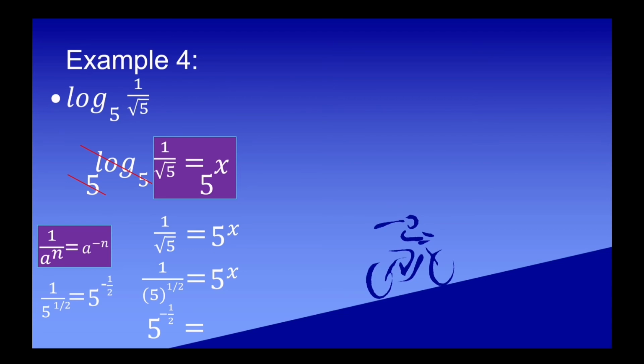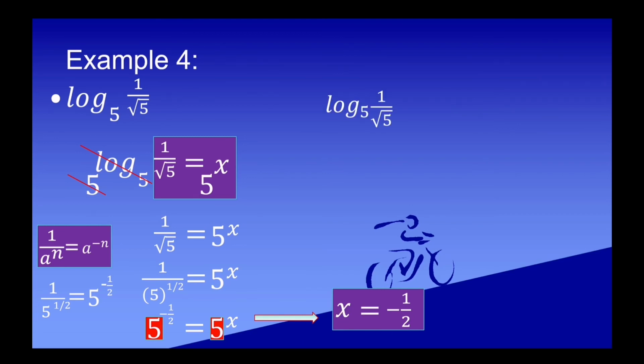Then we have the same base. So the value of x is equal to negative 1/2. So the logarithm of 1 over square root of 5 with base of 5 is equal to negative 1/2.